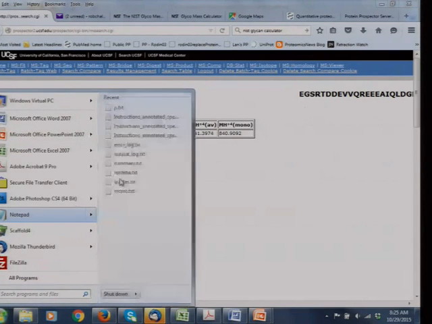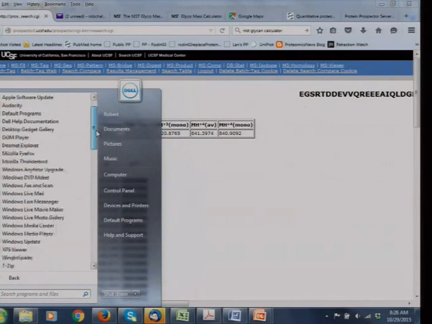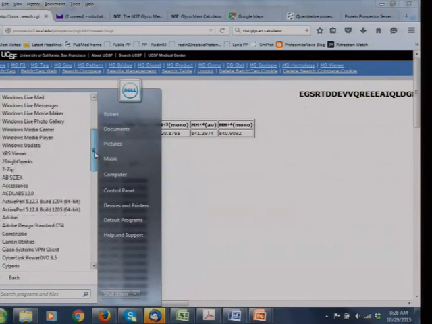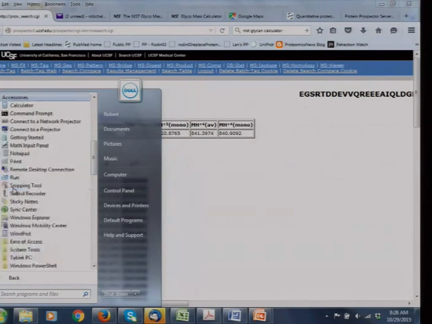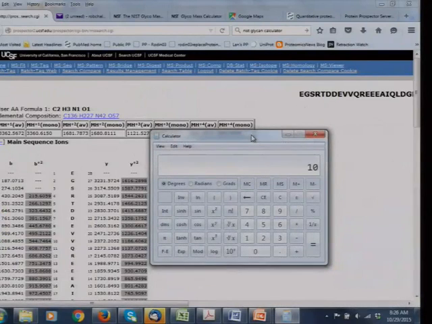So let's find a calculator. 1049.25, and it was quadruply charged, so we're going to multiply it by 4.